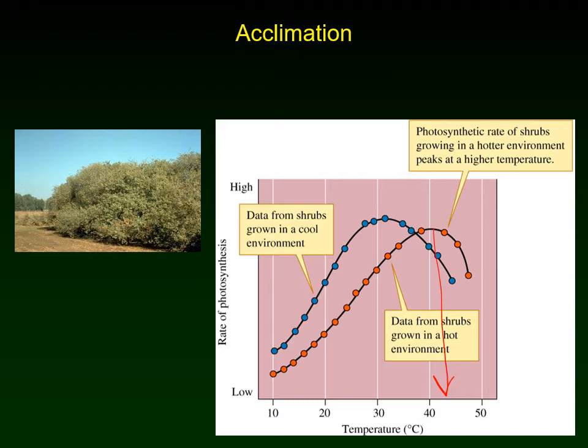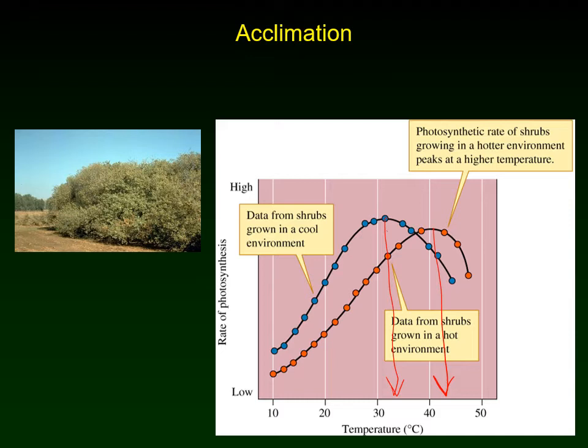It's still higher than the temperature that they were growing at, but it was much lower. So it's about a 10 degree Celsius difference in the maximum rate of photosynthesis between the two different populations.